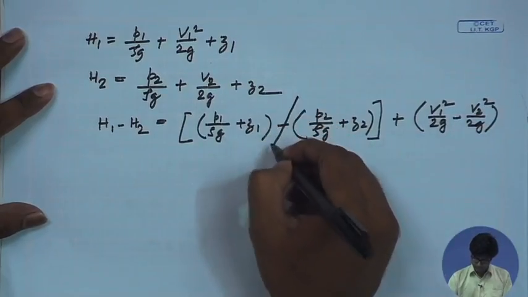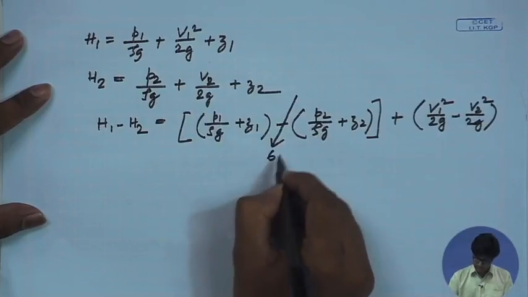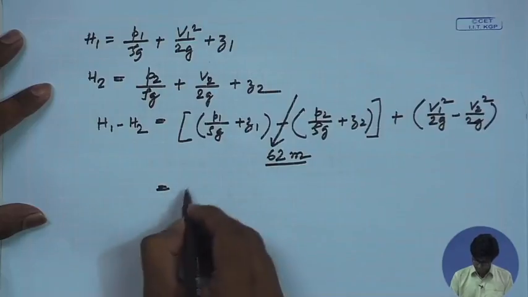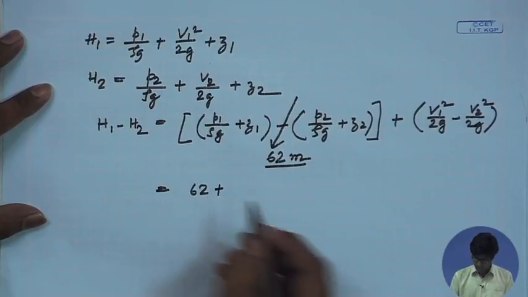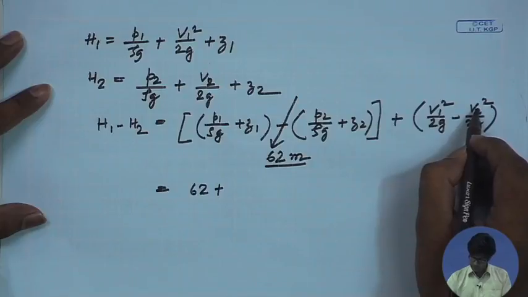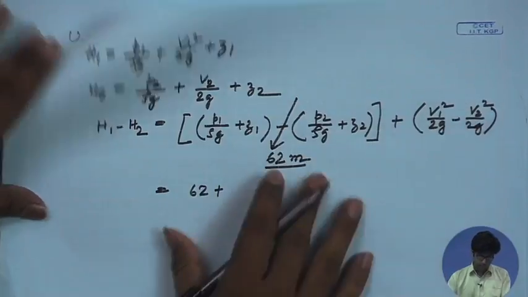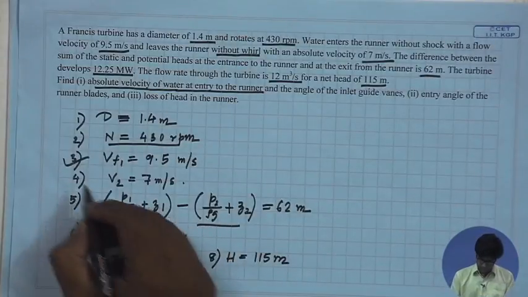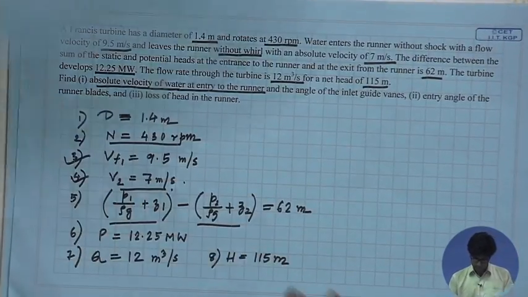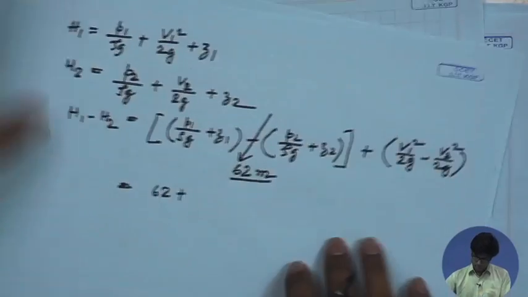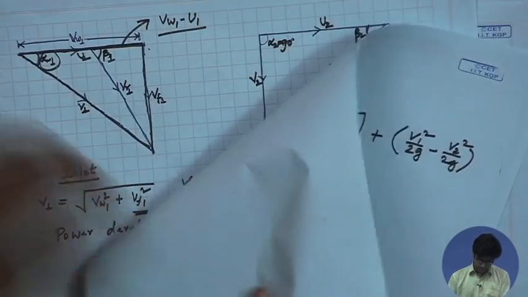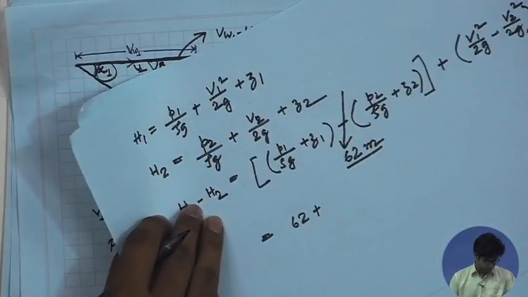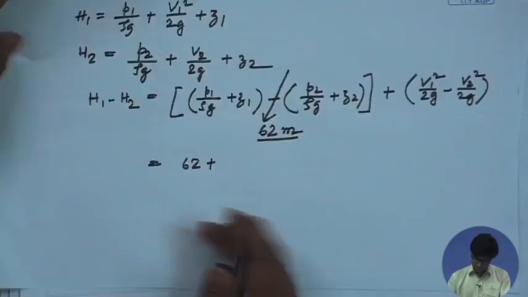Now, this part is given as 62 meters in the problem. And the absolute velocity at the outlet is also given in the problem. It is given as 7 meters per second, and V1 I think we have found out, yes, V1 was found out as 33.76.